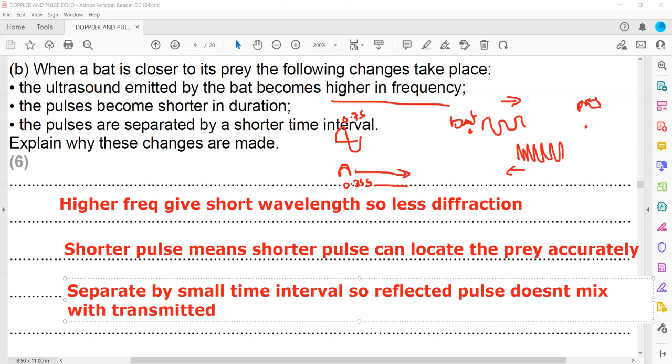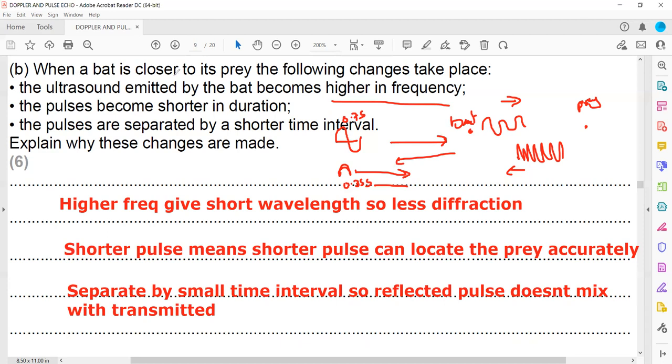Like sending one pulse, then receiving, then sending another pulse, and then receiving. That is also a reason, so that the pulse sent and received should not interfere.